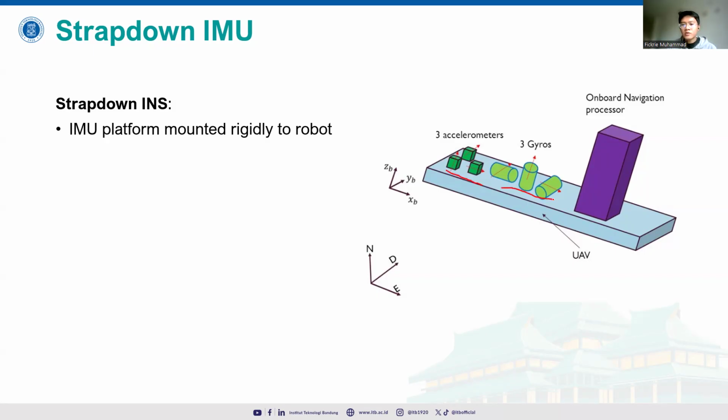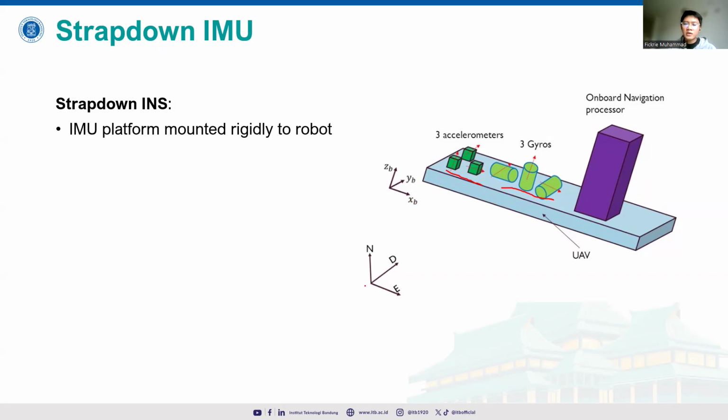Accelerometers and the gyro are mounted into the motherboard, and the motherboard is mounted rigidly into our mobile phone. So as long as the mobile phone moves, the gyro will also move, which means it doesn't have the compensation like in the gimbal-based system, meaning that the axes or the frame of the IMU will always align with the body frame.